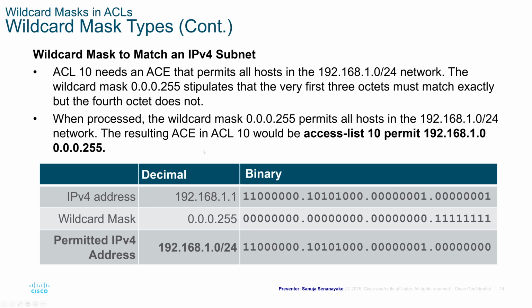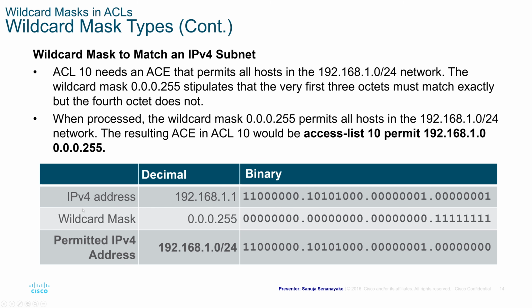The resulting access control entry in access control list 10 can be entered as access-list 10 permit 192.168.1.0, but this time the wildcard mask is going to be 0.0.0.255, because that will satisfy all the IP addresses within this 192.168.1.0 network.